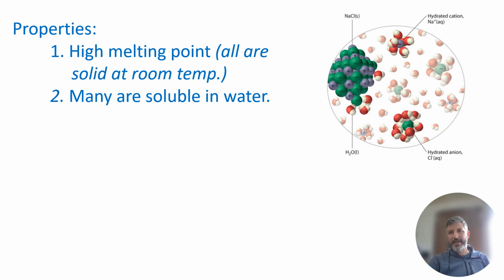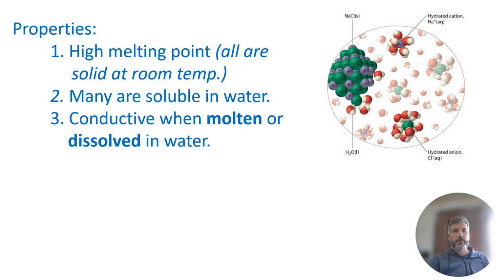Notice they're surrounding the cations with the oxygen end pointing toward the positive cation, and they're surrounding the chloride, the negative ion, with their positive hydrogen ends being attracted to those negative ions. And pulling apart that crystal is what's happening when you have the dissolving of an ionic compound like table salt. So many of them are able to do that.